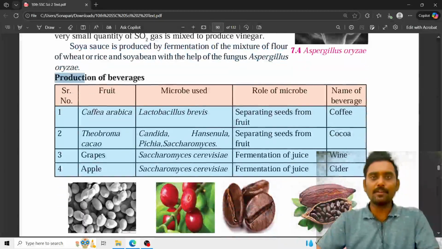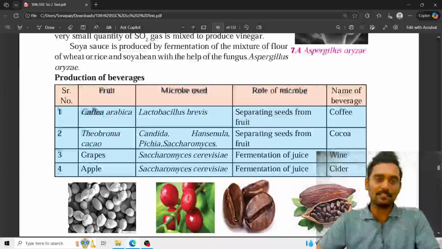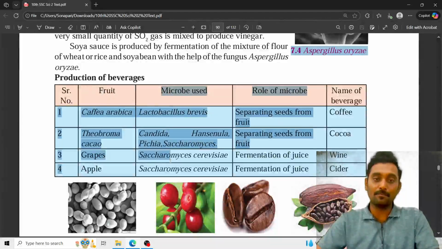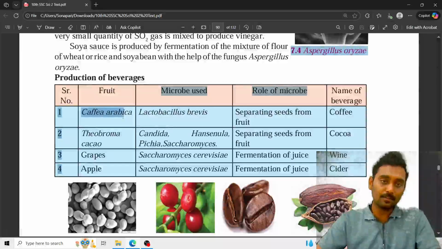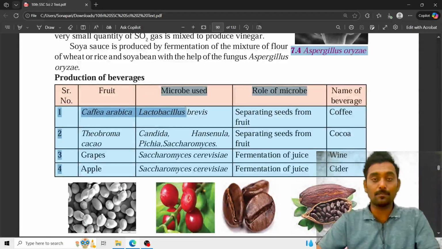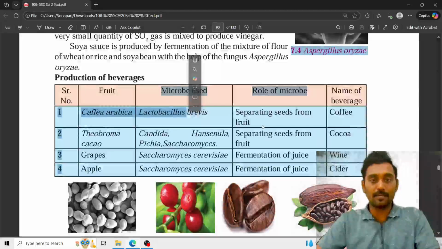So here are some beverages, some products. Okay, so in this column they have given the name of fruits. In this column they have given the names of microbes which are used to convert the fruit into making a good kind of beverage. So what is the role of this microbe?